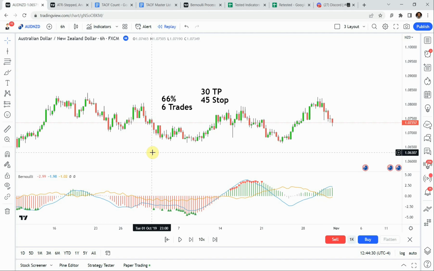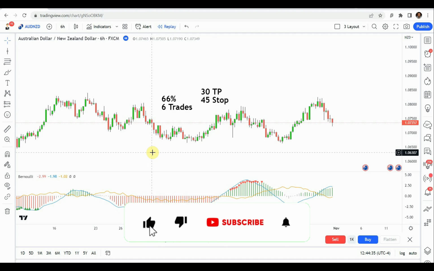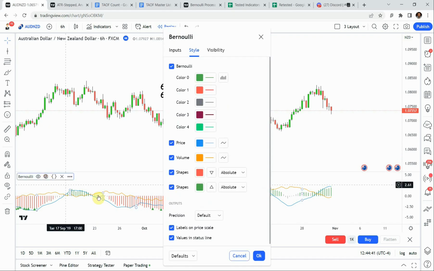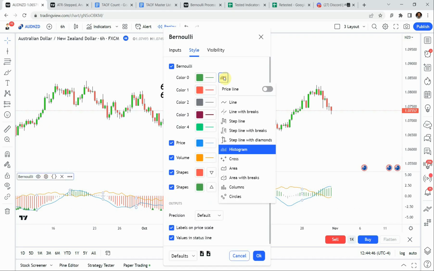Here is going to be an advanced testing of the Bernoulli process indicator, and you can see it here on the bottom of the screen. I did make a little bit of modifications to this visually. So what I did was I switched the columns.